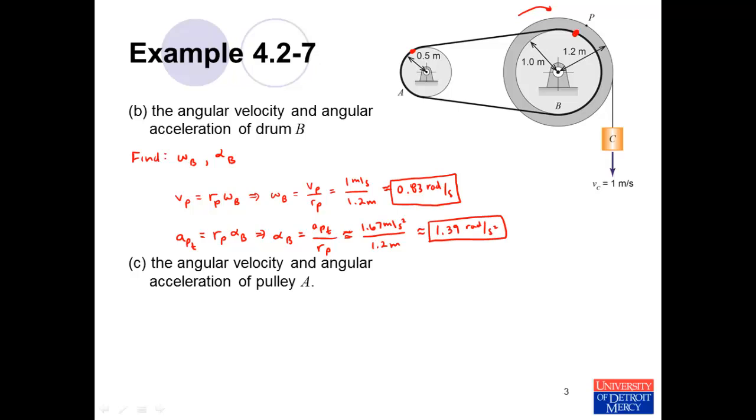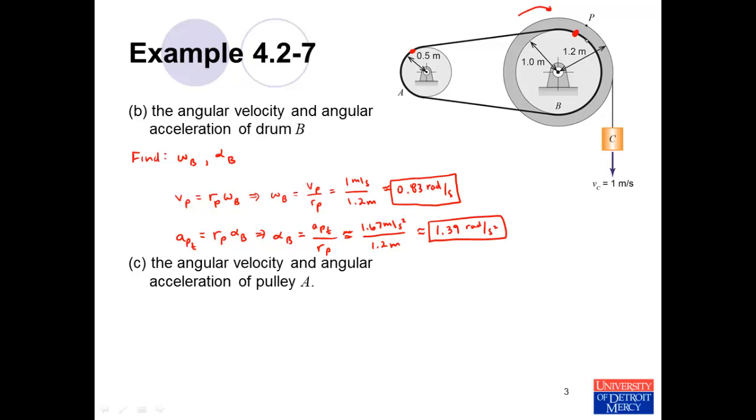For example, whatever distance this particle moves in a given amount of time, that's going to be equal to the distance that all other points travel in a given amount of time, including a point on the perimeter of pulley A. And so based on that fact, since they cover the same distance in the same amount of time, they'll have the same velocities.